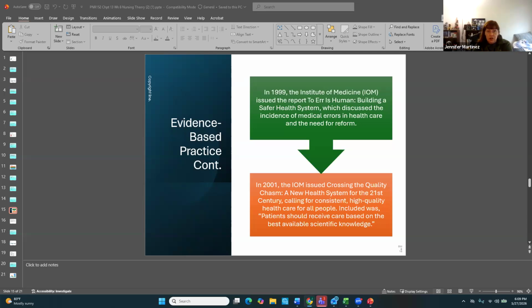These are also things like wrong site surgeries and other issues that take place within healthcare. And so it called for a bunch of system-wide changes.